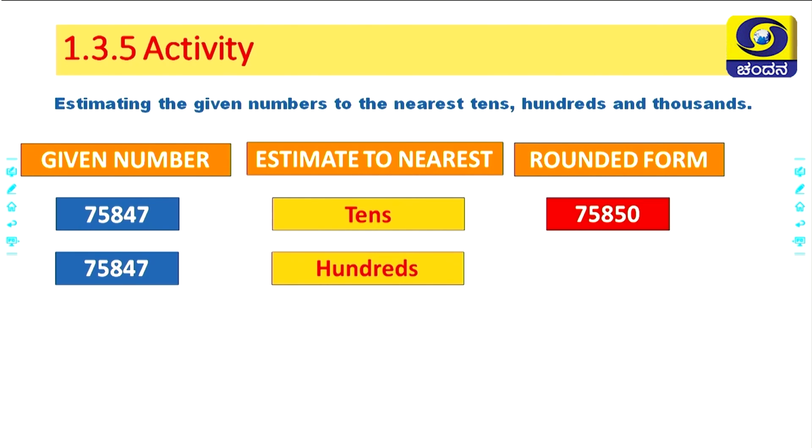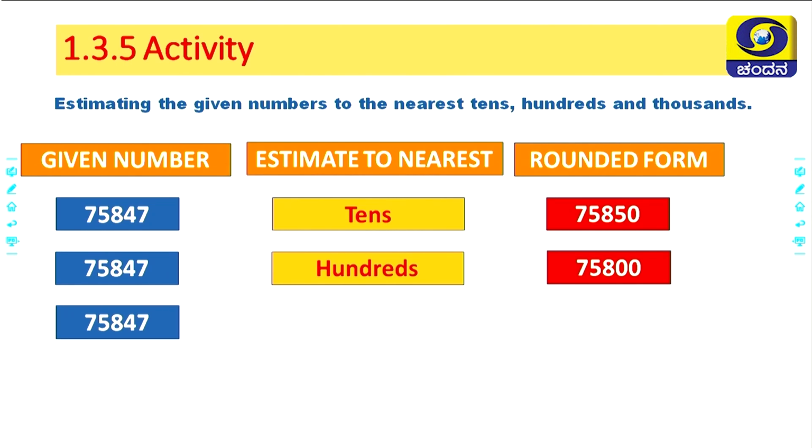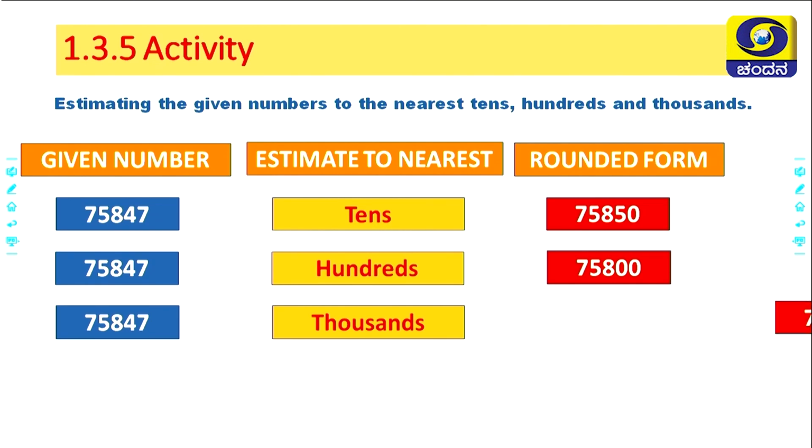Next, for the same number, you have to estimate to the nearest hundreds. What would be the answer? Yes, it is 75,800. For the same number, you have to estimate to the nearest thousands. Yes, very good children. It is 76,000.